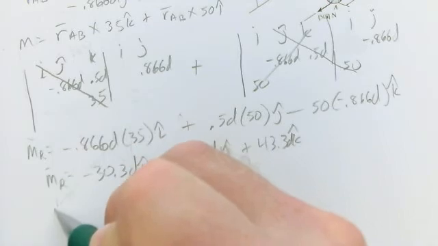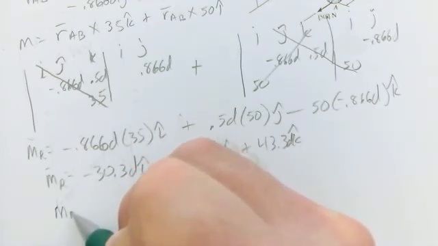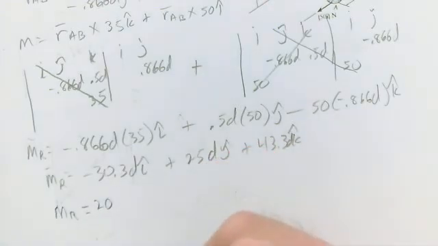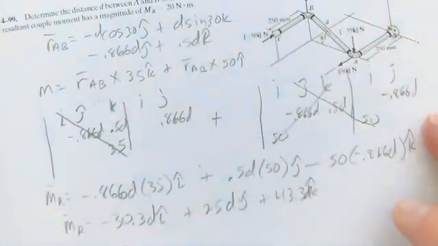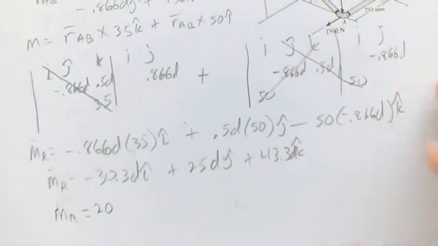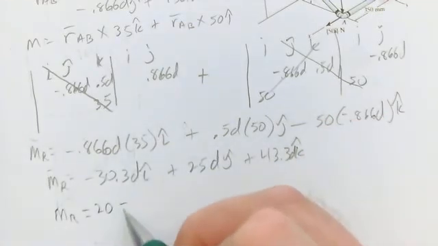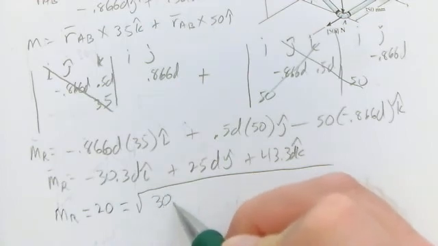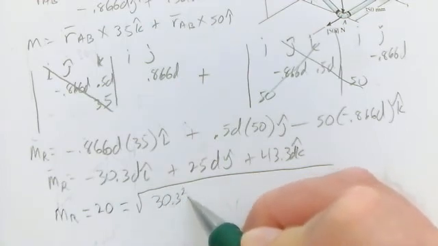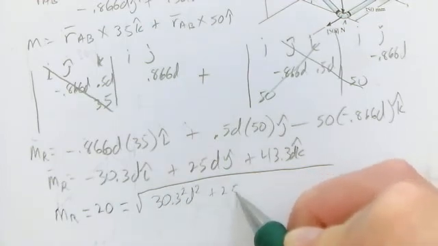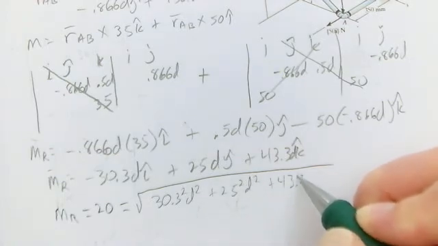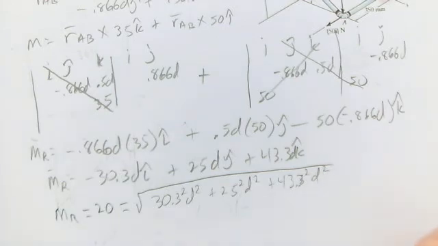So now let's find the magnitude, and we'll set that equal to 20 as it says in the problem. So the magnitude is going to be equal to 20, which is equal to the square root of the sum of squares, so 30.3 squared d squared plus 25 squared d squared plus 43.3 squared d squared.